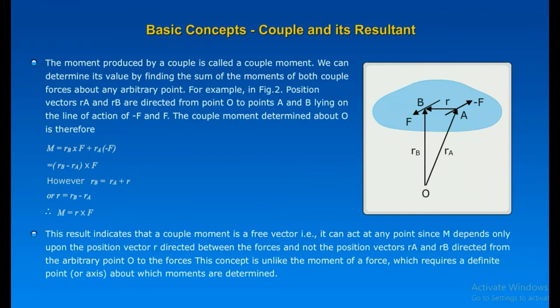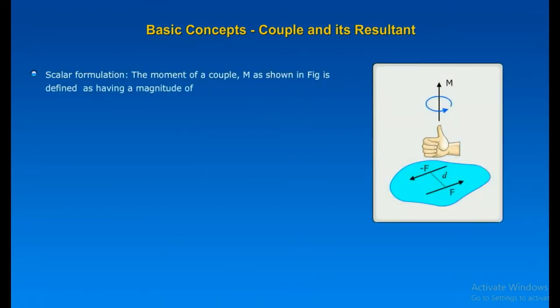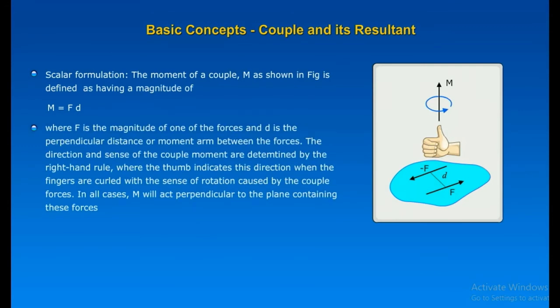This concept is unlike the moment of a force, which requires a definite point or axis about which moments are determined. Scalar formulation. The moment of a couple, M, as shown in the figure, is defined as having a magnitude of M = Fd, where F is the magnitude of one of the forces and d is the perpendicular distance or moment arm between the forces.